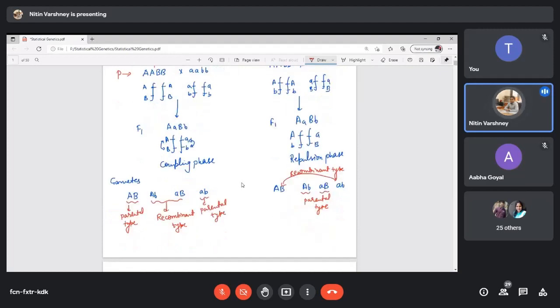So this is the difference between the coupling phase and the repulsion phase. We get two parental types and two recombinant types, just opposite.